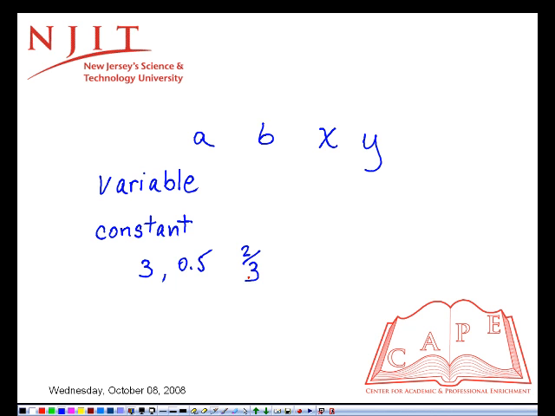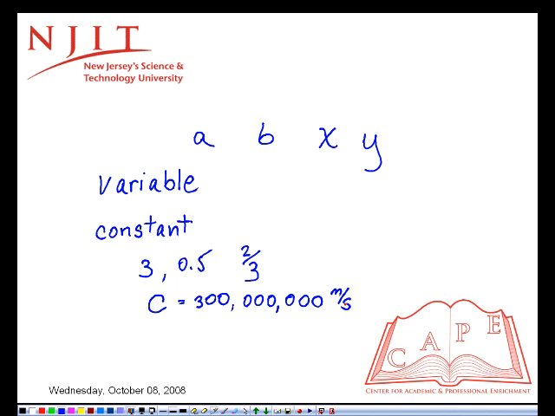Constants can also be represented by letters that have a specific meaning, such as in physics, many physicists use c to represent the speed of light, which is approximately 300 million meters per second.